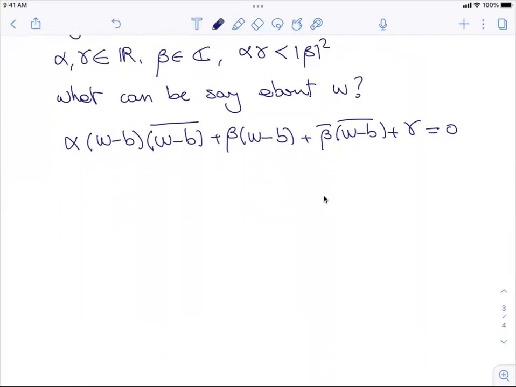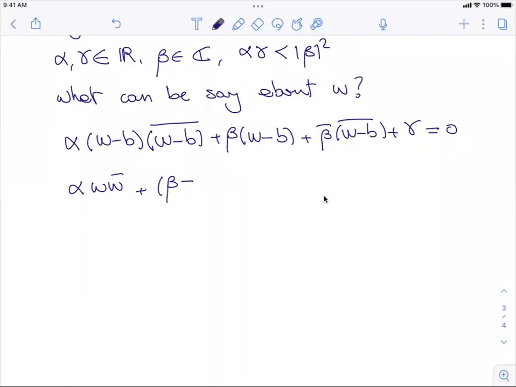Okay, and here, well, you can do all the details, right? Because we have here the conjugates distribute, and then we can just do all the products. Here, what is going to happen, we are going to find alpha W W bar, right? Plus, and then here we are going to have terms with W beta bar, B W bar, right? But then we have here also terms with those W's, right?